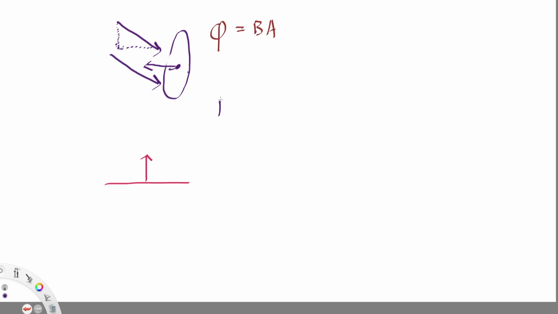So when we have this B field coming in, we break it up into two components using the vector skills that we worked on so hard in Gen Physics 1. But the components aren't X and Y, they are instead normal and parallel.